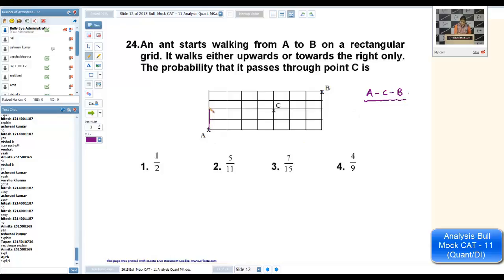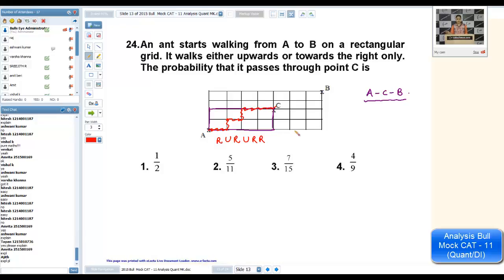So first of all, we want to go from A to C. I am drawing any general path. Suppose I am moving one step right, then one step up, then right, then up, then right, then right. From A to C, I am moving this way. I have drawn the red path and correspondingly I have written the path.